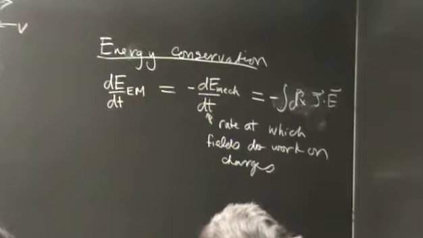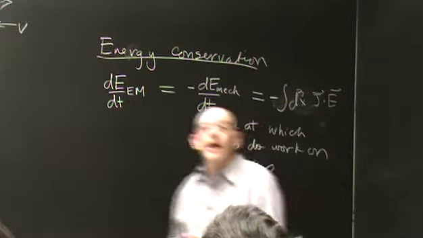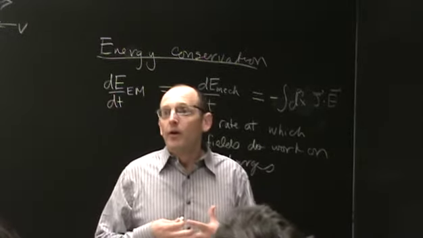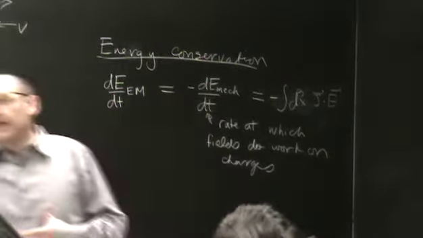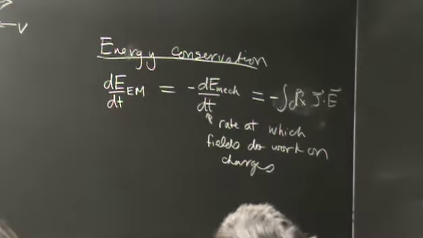And energy in electromagnetism can reside in two forms. It can reside in the fields or in the kinetic energy of the charges.